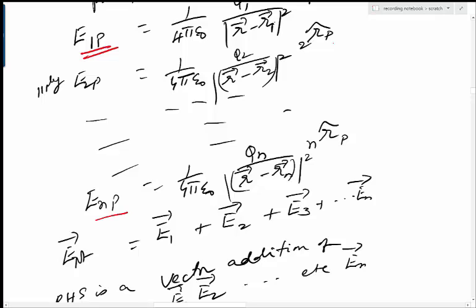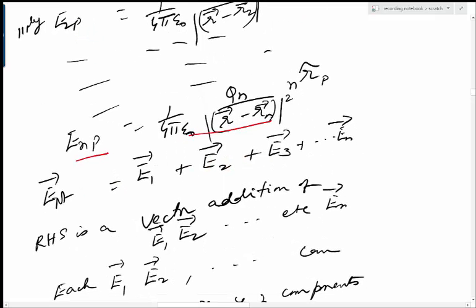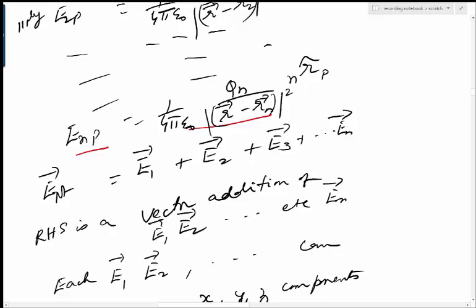And EnP will be 1 by 4 pi epsilon naught into Qn by the modulus of R vector minus Rn vector, the whole square, into the unit vector of R of P with respect to n. Thus, all these are vectors. This is to remind that R of P with respect to n is not in the same direction as R of P with respect to n minus 1, and so on. So they are all vectors, and this is the unit vector in that direction.